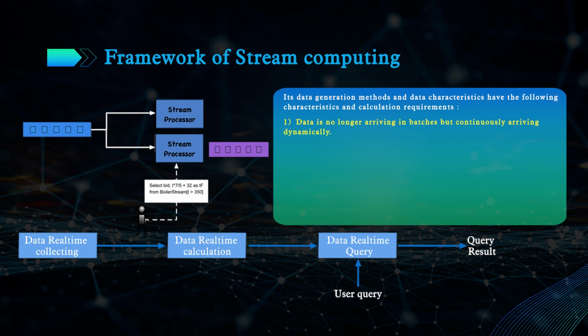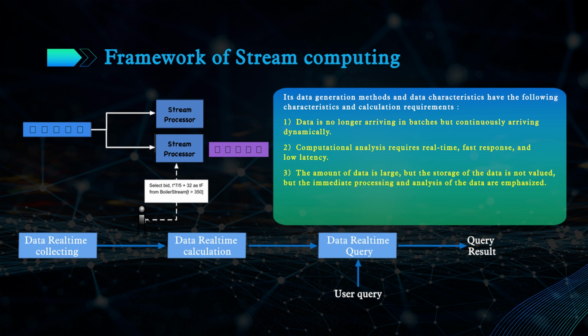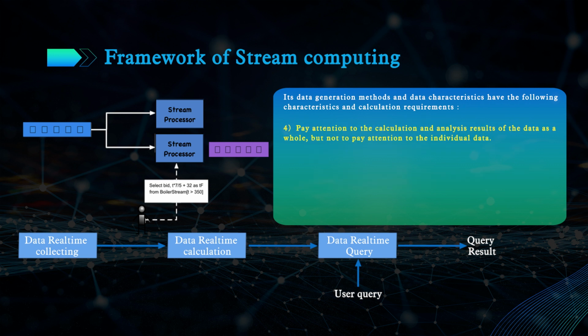First, data is no longer arriving in batches, but continuously arriving dynamically. Second, computational analysis requires real-time, fast response, and low latency. Third, the amount of data is large, but the storage of the data is not valued. But the immediate processing and analysis of the data are emphasized.